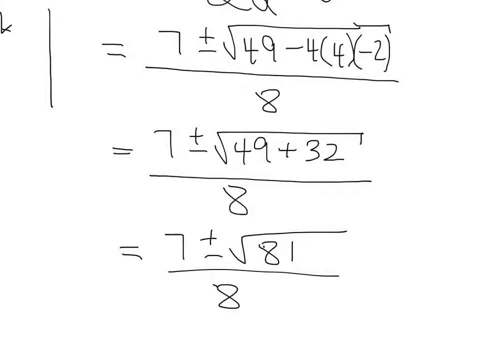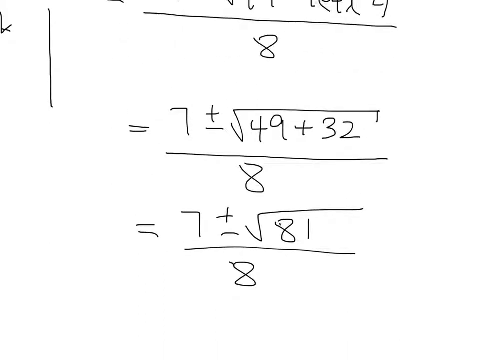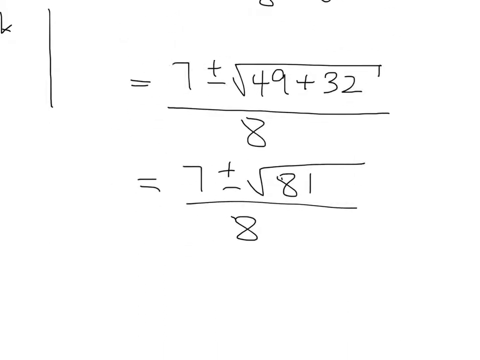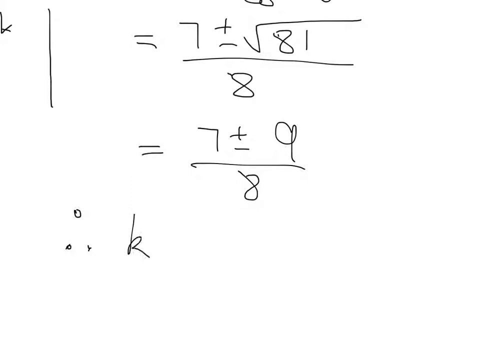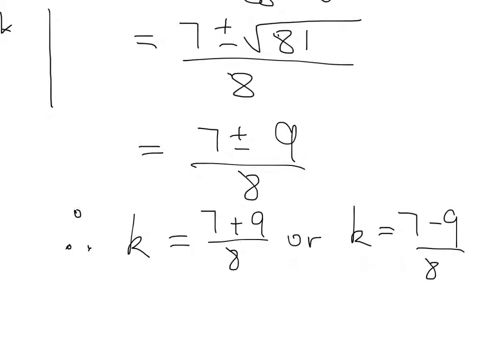Now, they've been very kind to you. They've given you root 81, which hopefully we are aware is 9. Okay, so it's a nice easy one. So we're going to have 7 plus or minus 9 on 8. Therefore, k can equal 7 plus 9 on 8, or k equals 7 take 9 on 8.